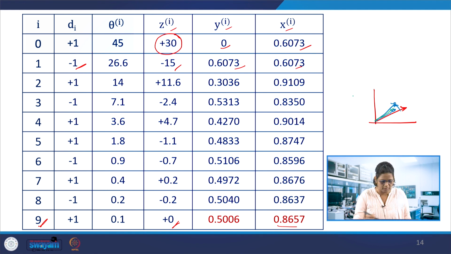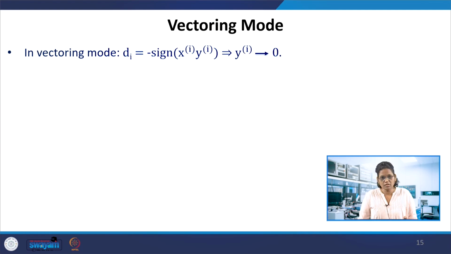Because theta is not moving more than 30 here, you can see it will keep on moving from one to another, this way and that way, coming to the 30 angle. Once it achieves 30, actually we want 30, but we started with 45 degrees. So the movement will come to 0, and we get the values of sin theta and cos theta from that. So this is from the rotation mode.